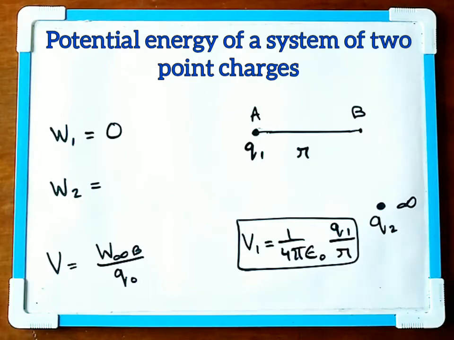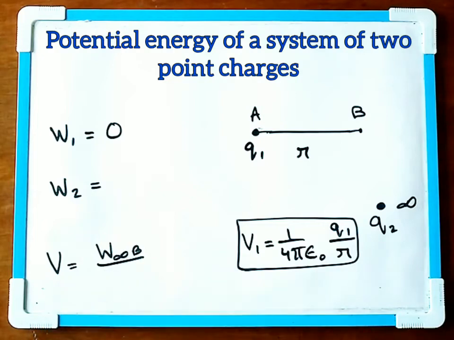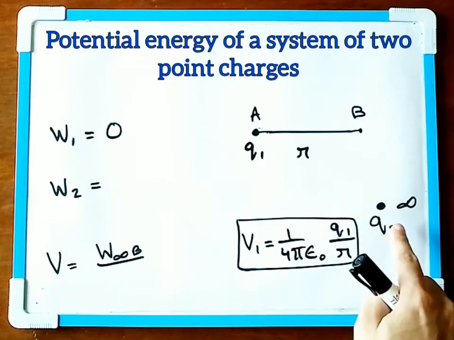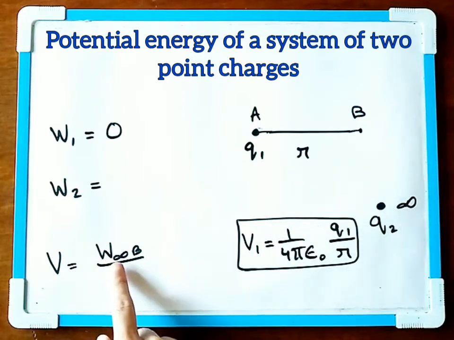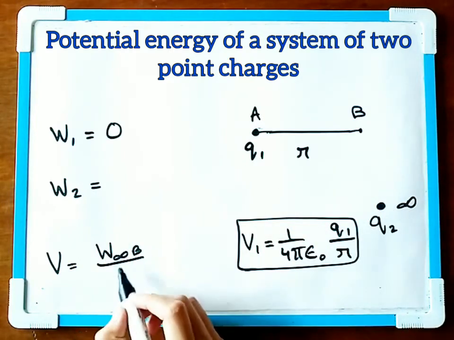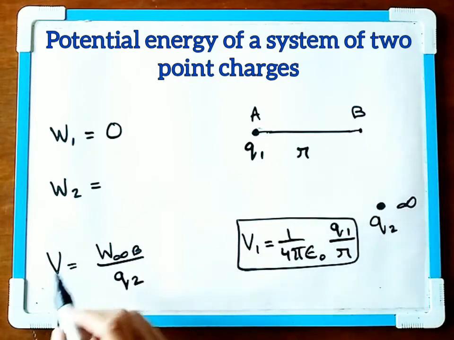So the work done in bringing this charge Q2 from infinity to point B, W infinity to B, divided by Q2, is the potential at point B, which we know is equal to V1.